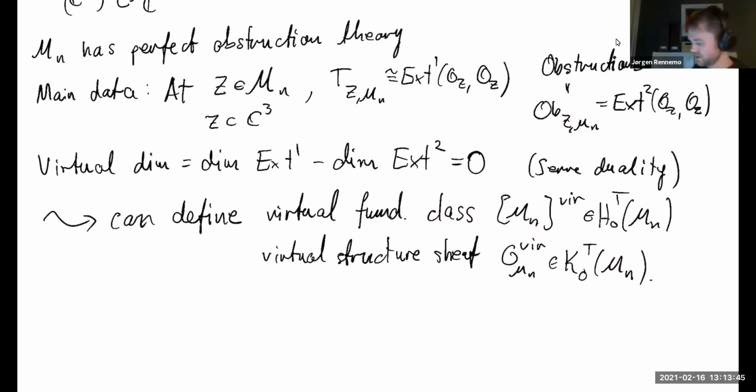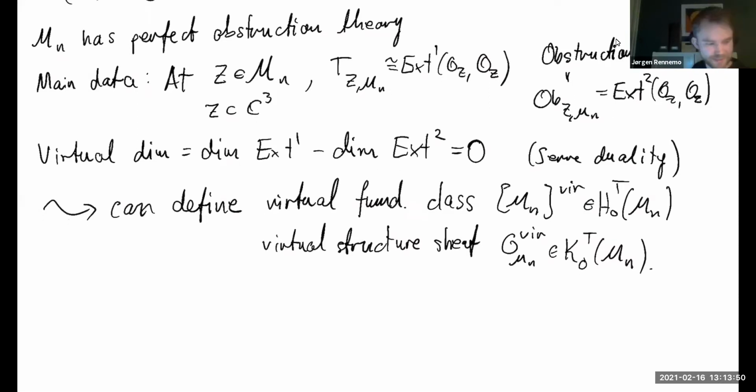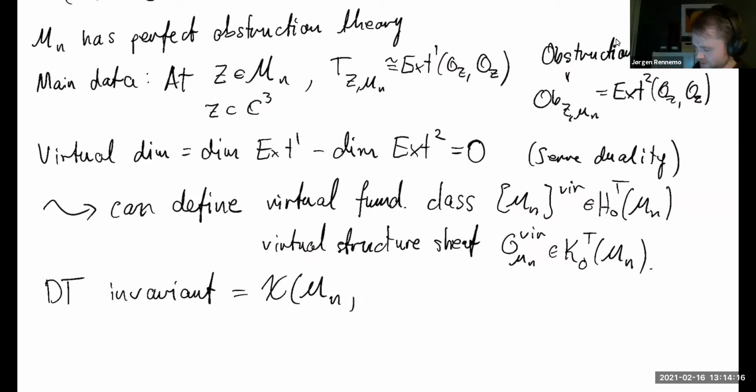And I assume you might have seen these things in the seminar before. I learned most of it from reading Andre's notes. Anyway, the K-theoretic DT invariant is then computing, taking the Euler characteristic of this.